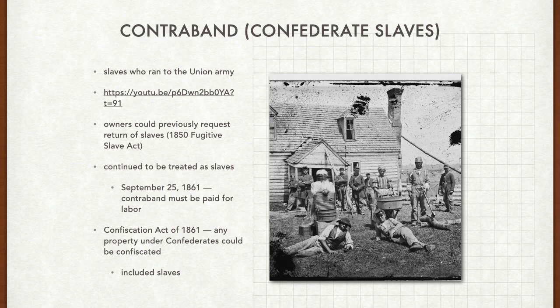General Butler did not pay the escaped slaves wages for work that they began to undertake, and he continued to refer to them as slaves. So you're technically not free, but you're at least not on a plantation, basically. On September 25th, 1861, the Secretary of the Navy, Gideon Welles, issued a directive to give persons of color, commonly known as contrabands, in the employment of the Union Navy, pay at the rate of $10 per month and a full day's ration. 3 weeks later, the Union Army followed suit, paying male contrabands at Fort Monroe $8 a month and women $4.